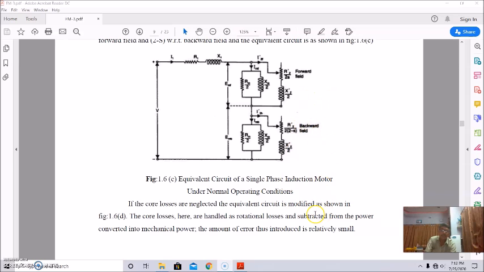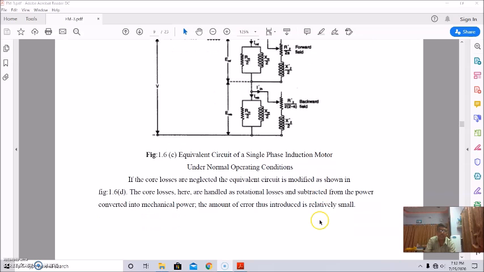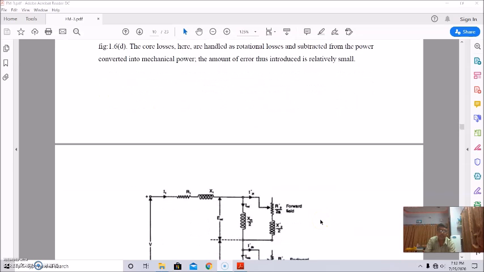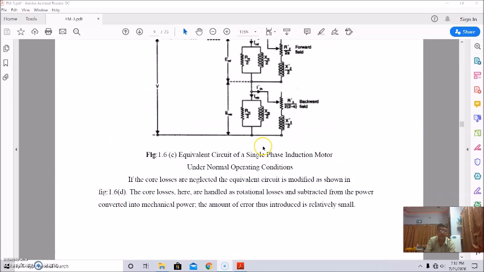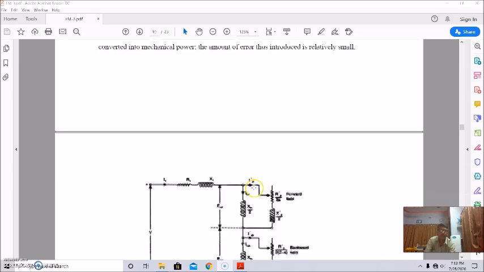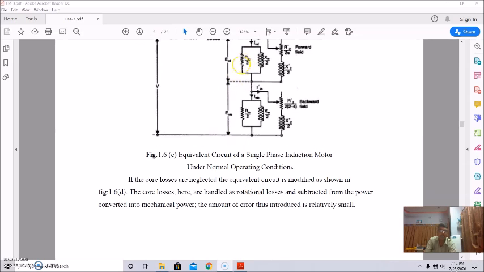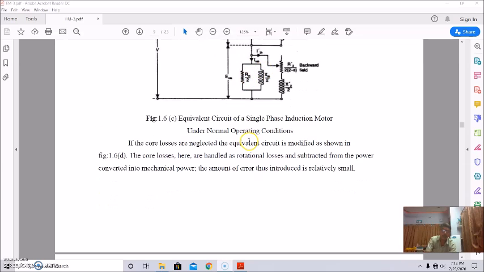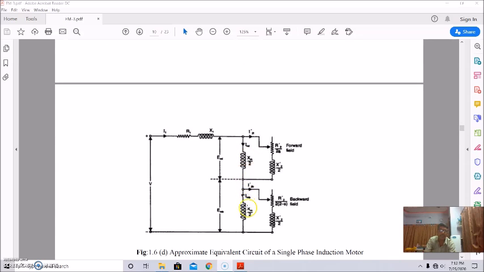If the core losses are neglected, the equivalent circuit is modified, and it is shown here. This resistance represents the core loss component, and if we neglect it, this branch will not be shown, so it will be like this.